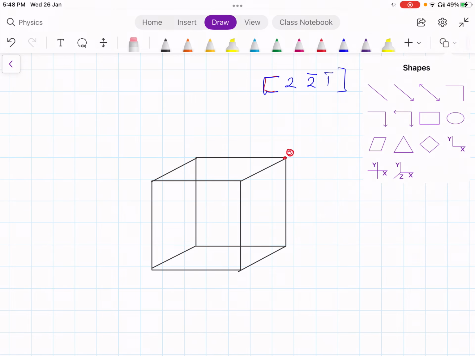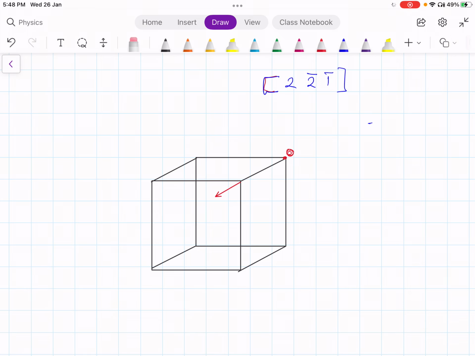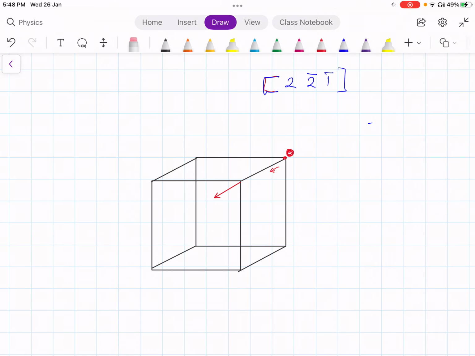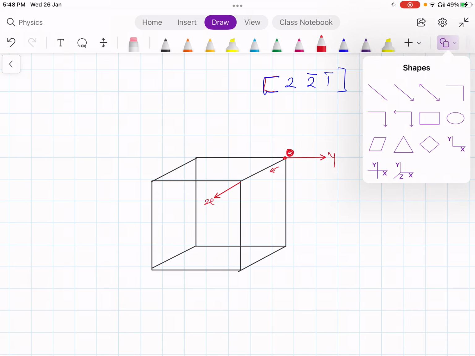Then we have to show the axis, and as I told you, if this is the origin, this side of the origin is positive. Then y-axis, this is x, this is y, and this is z.